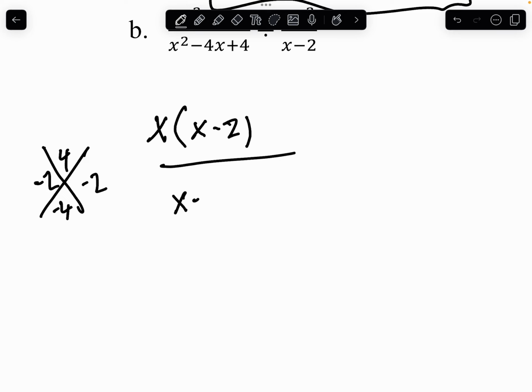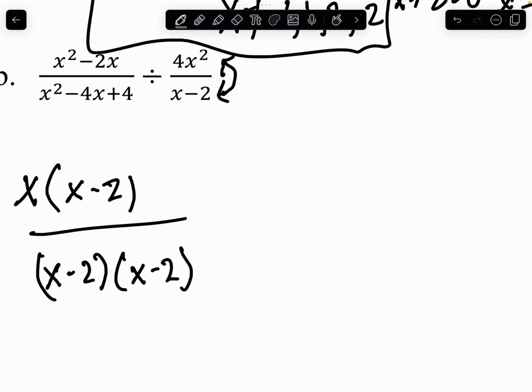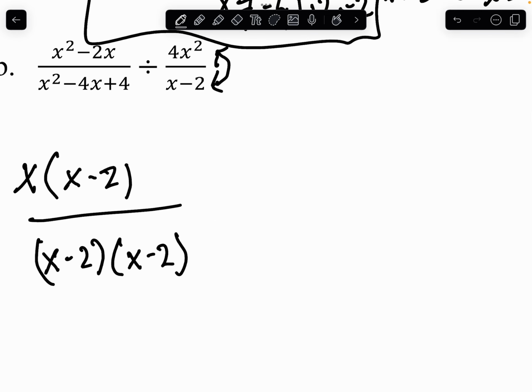So it's going to be x minus 2 times x minus 2. And now for division, you've got to flip this part. Flip it. So the x minus 2 goes to the top.